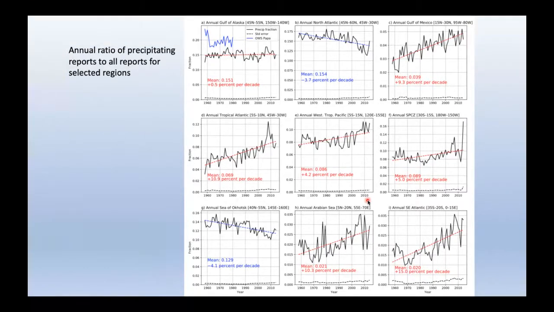For some of these, they look very robust, like if you look at the Gulf of Mexico, some of them are really continuous and they seem to be really clear. But for some of them, like this very center one, which is the West Tropical Pacific, it looks like if you were to split this time series in half, you would probably get a flat line, and then most of it would be driven by the very end.